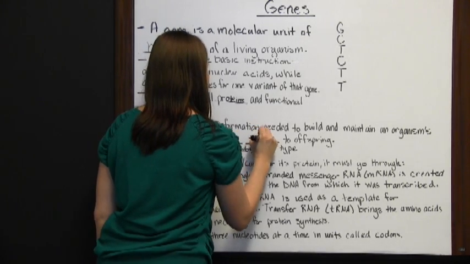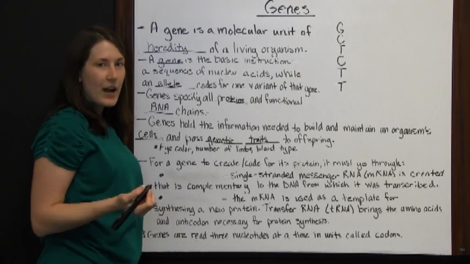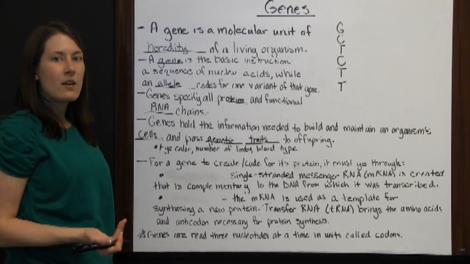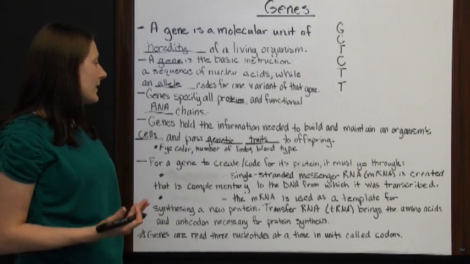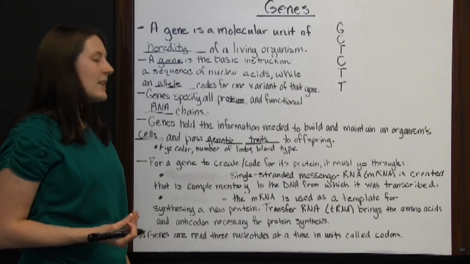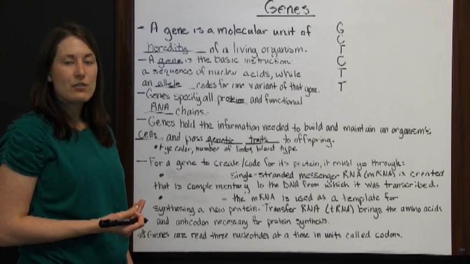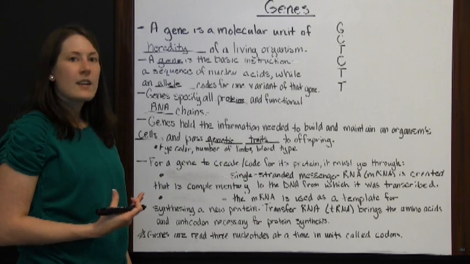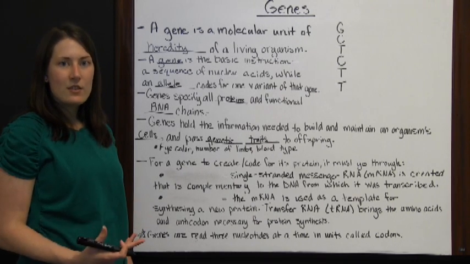So where I was talking about two parents that could have brown eyes and still pass on the blue eye color, it's because of the alleles that they carry, whether dominant or recessive, whether you can see it as a physical trait or not. Your parents carried genetic traits and they passed those on to you.